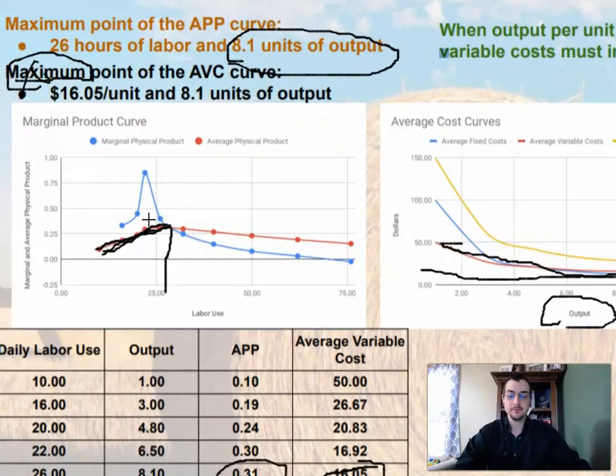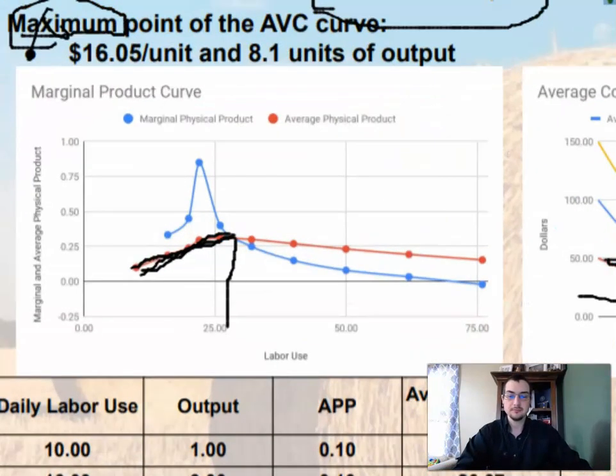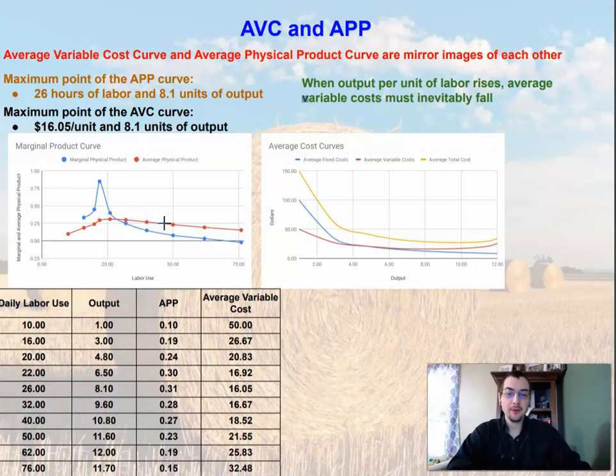But as soon as we hit the peak of the average physical product curve, our output per unit of labor begins to fall after that peak. That means we're not accomplishing as much per unit, so our cost per unit of output starts increasing because we're not as efficient.